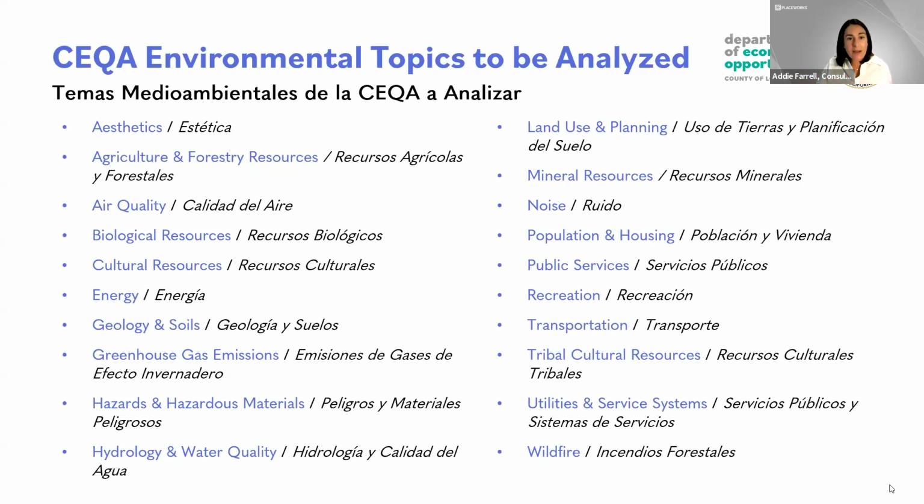So the next time we come back to you for a CEQA-focused community meeting or public comment period, there will be a lot more information and a detailed analysis for you to take a look at.